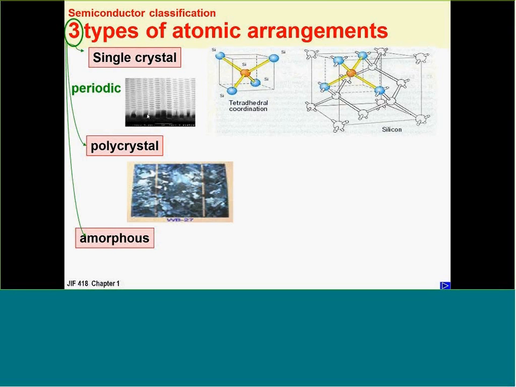If this one is one big crystal, this one consists of many crystals. Polycrystal. Poly means many, isn't it? So it's just by the name of it. And at times, it's written by using this symbol, micron, like that, silicon. So you know that this is polycrystal.